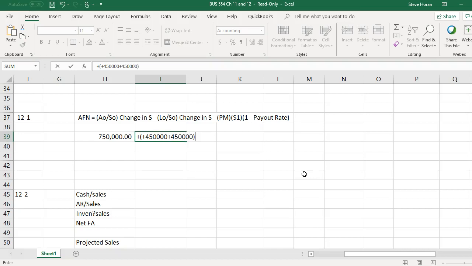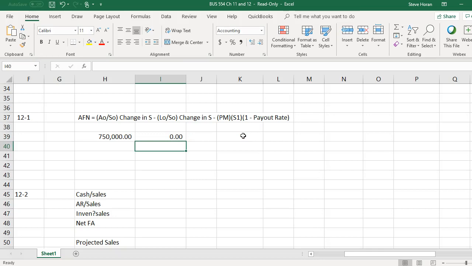And then I divide that by sales first, 8 million. Then I take that calculation, add some more parentheses, and multiply that specific calculation by the change in sales.